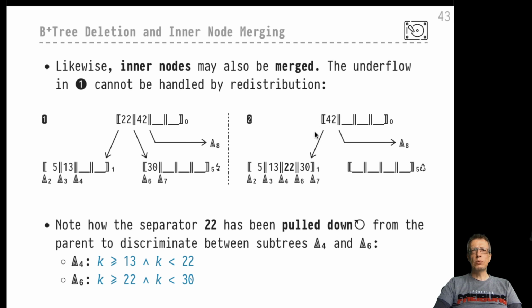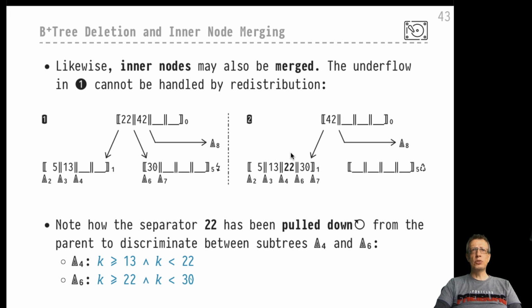It has been the case before. So pulling down the separator 22 into this new inner node 1 here has done its job correctly. It's exactly the separator that we needed to discern between the two subtrees. So everything has been preserved, everything is fine.